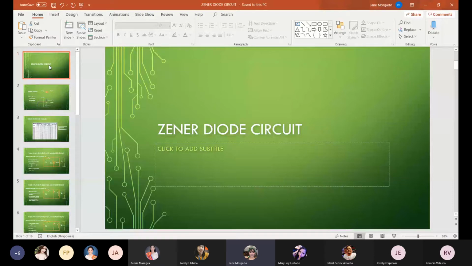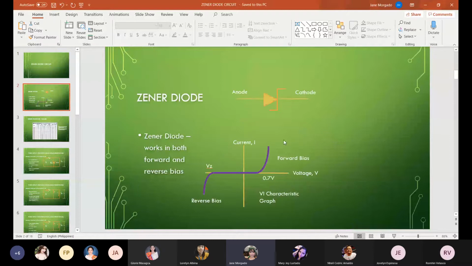But then the rectifier diode and light emitting diode only work in forward bias. Pag reverse bias, anong reaction ng ating diode? What happened? Open circuit na. So it approaches open circuit, diba?